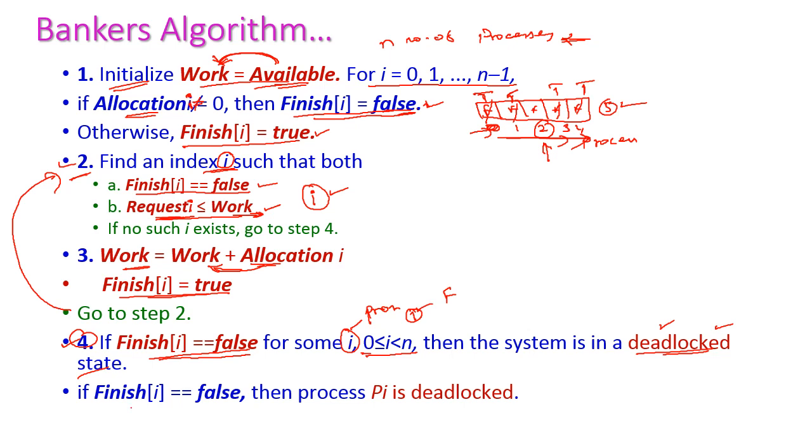If finish of i equals false, then Pi is deadlocked. So by using this algorithm, we can easily detect the deadlock in the system.